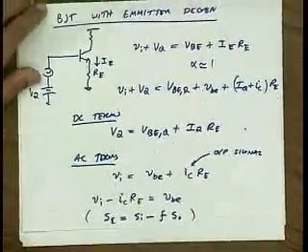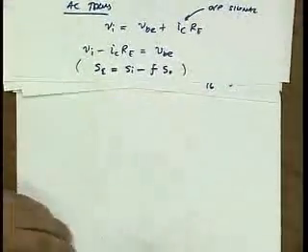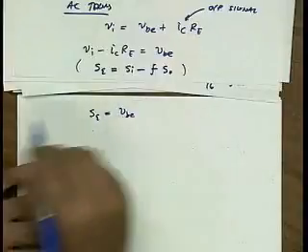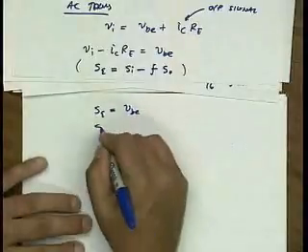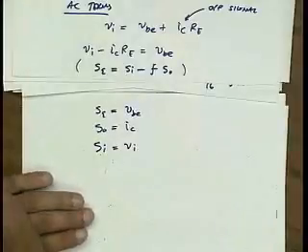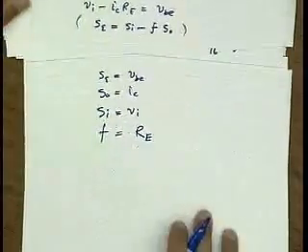So we see that emitter feedback looks like an idealized feedback system where the error signal is little VBE, the output signal is IC, the input signal, of course, is Vin, and the feedback factor is just RE.